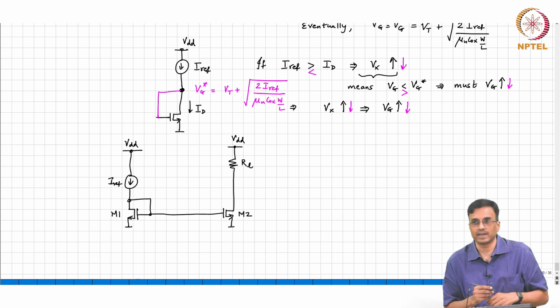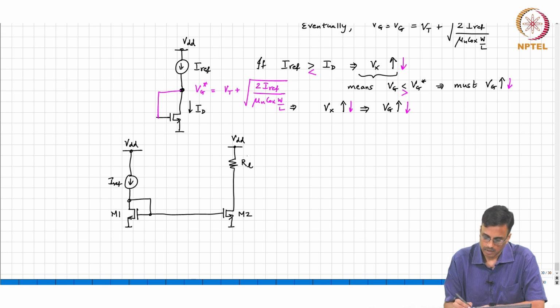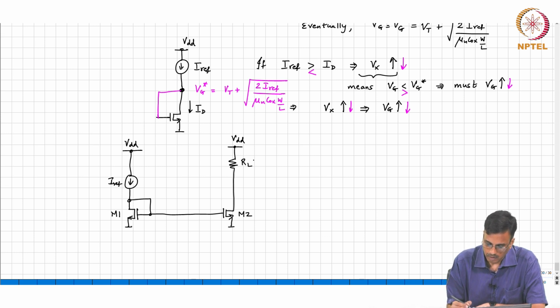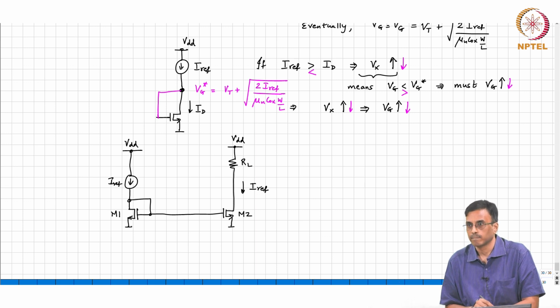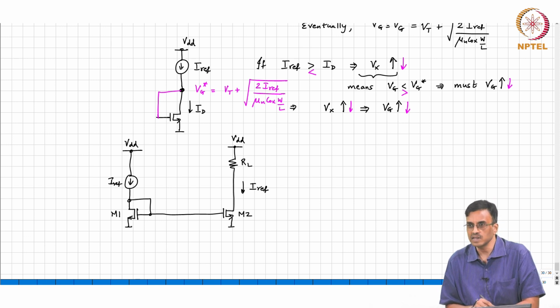Since M1 and M2 are exactly identical, it follows that the drain current is exactly identical, okay, and therefore the drain potential of M2 is VDD minus I ref times RL, and as usual that RL and VDD must be chosen such that the transistor M2 operates in saturation. Okay.